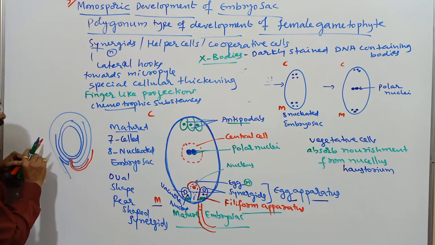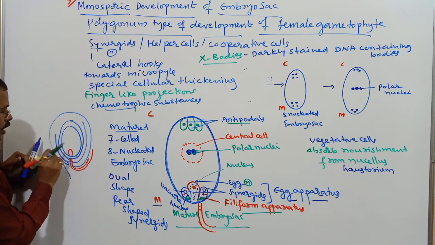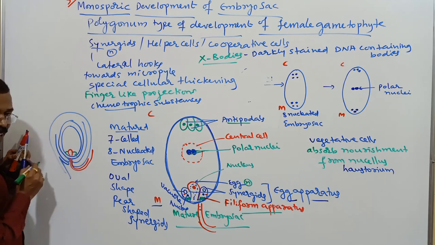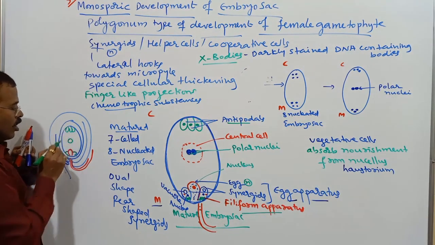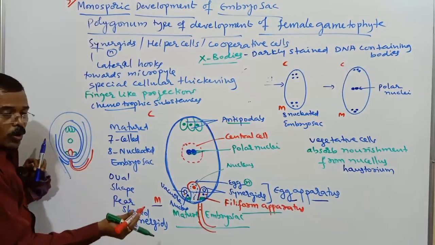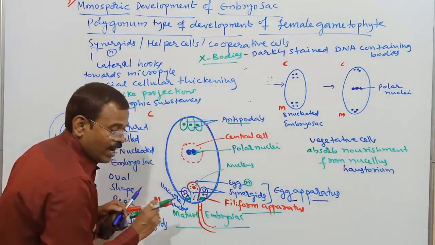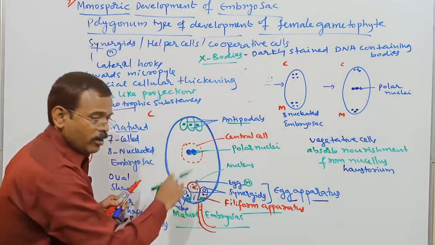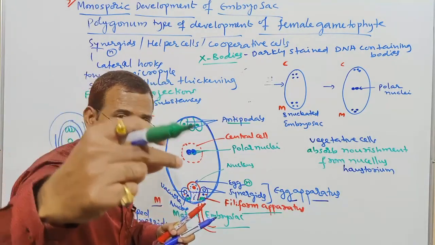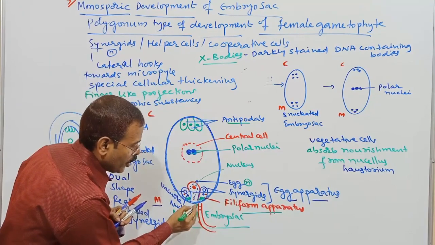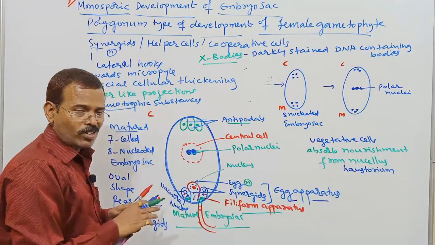So here you have the egg, synergid, here the polar nuclei, here the antipodals, all that. The pollen tube containing the male gamete should enter the embryo sac. So the filiform apparatus guides the pollen tube entry into the embryo sac, into the synergid.